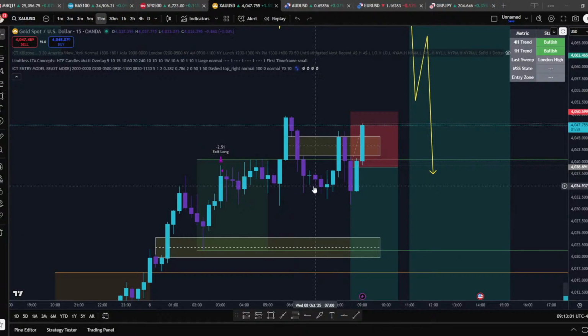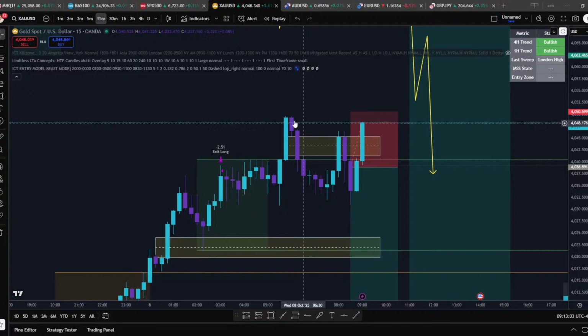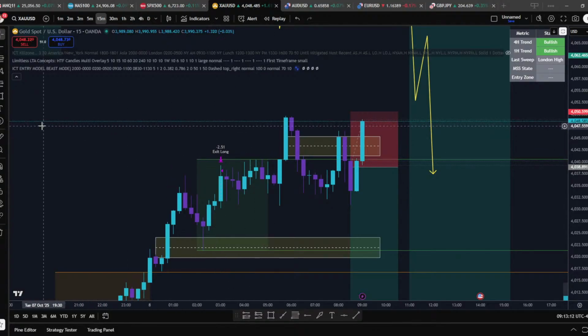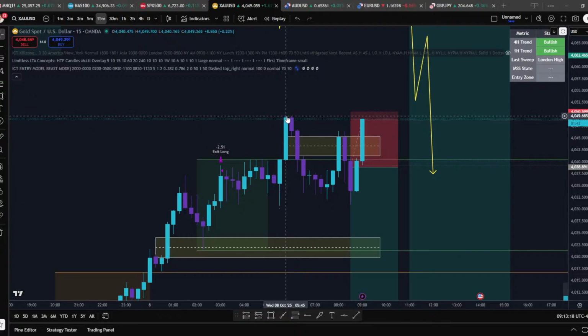Simply because there's no liquidity swept at all, besides London highs, which is the accumulation part. I'm talking about the external liquidity to the left. There's no liquidity sweep, right? There's no fair value gap that this is delivering from at all, right?